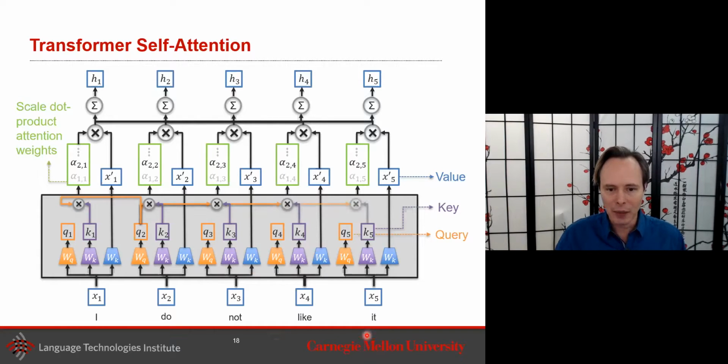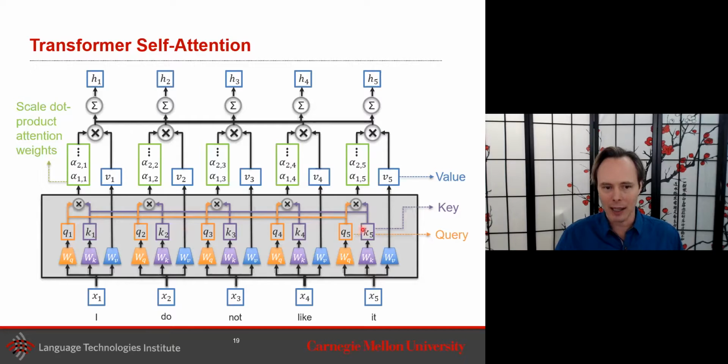And so you do it for all words, and I'm just going to show it in a more compact way. I do it for all queries: I compare that query with all keys. That gives me all of these attentions. Now I take that query and do it for all keys. That gives me this attention.